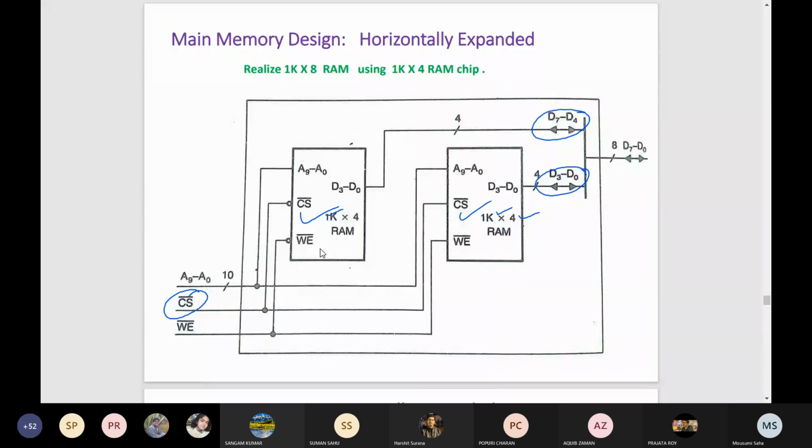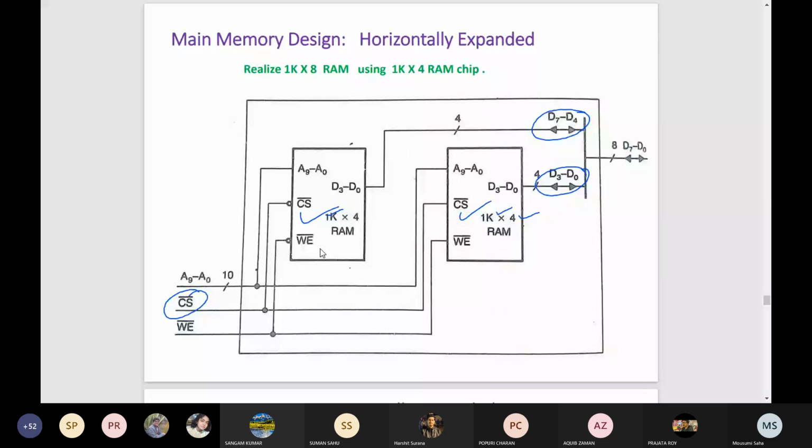In the market you can have 4-bit, 8-bit, 16-bit, 32-bit, 64-bit data buses. Theoretically it is possible if you design it.